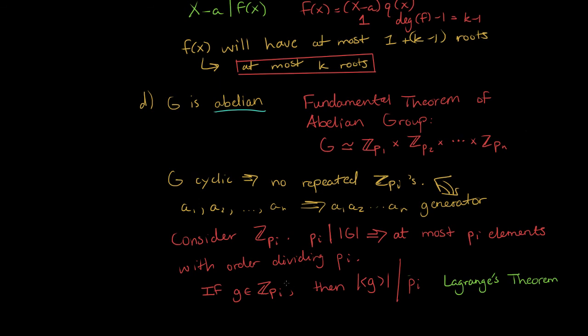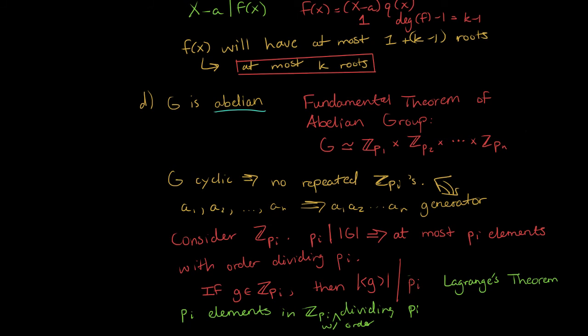How many elements are in Z_{p_i}? p_i. So there will be p_i elements in Z_{p_i} with order dividing p_i. And the condition said that there can be at most p_i elements with order dividing p_i.